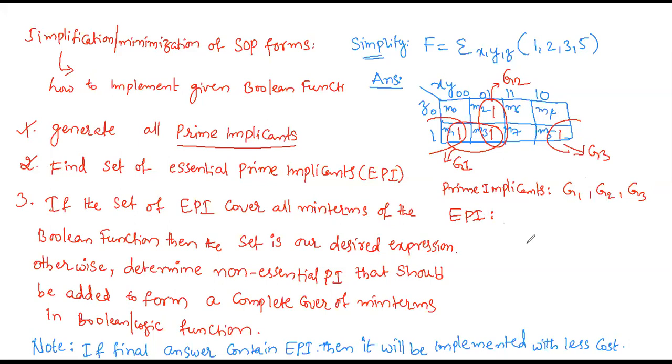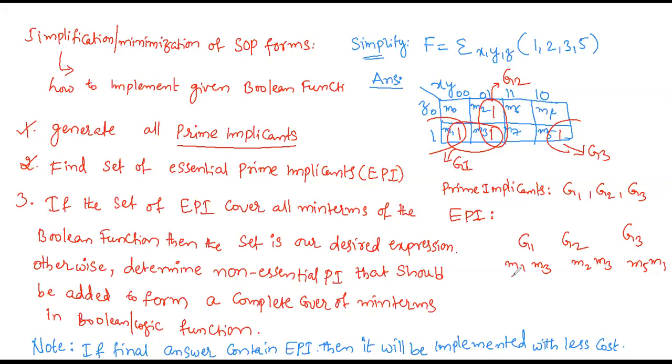Now we look. G1 is a group of M1 and M3 minterms. G2 is a group of M2 and M3 minterms. G3 is a group of M5, M1. Now first look at G1.